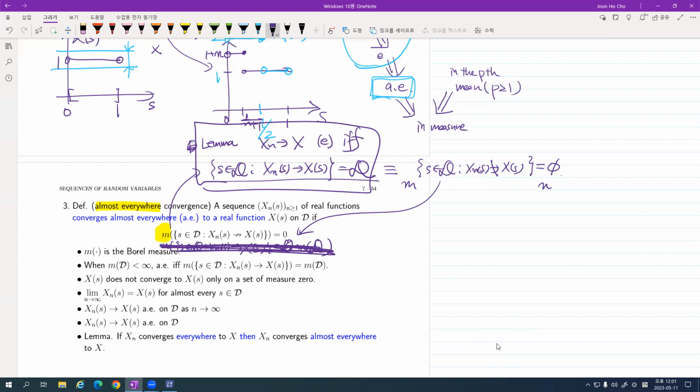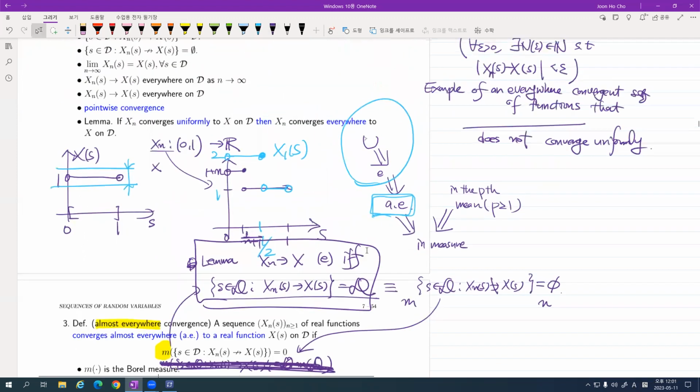Then you may assert that your sequence converges almost everywhere. Now, in this example, does the sequence of functions converge almost everywhere? Yes, because it converges everywhere.